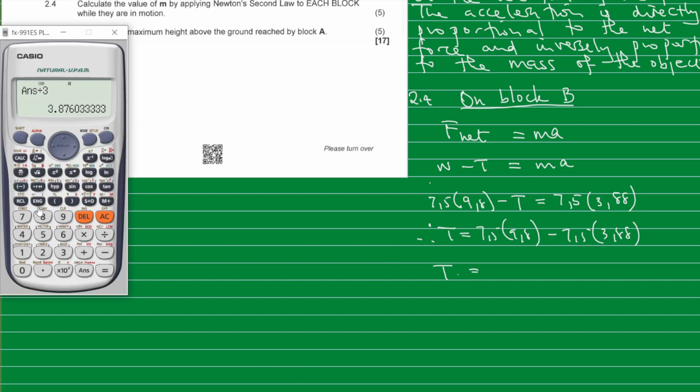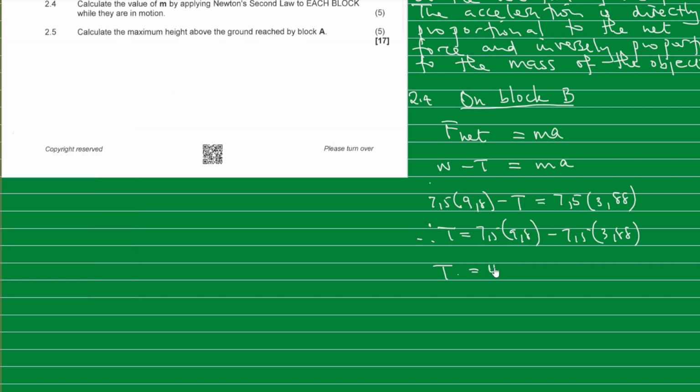I will just factor out 7.5 here. That will be 9.8 minus 3.88. That is giving us 44.4. So that is 44.4 Newton. That is the tension in the string.